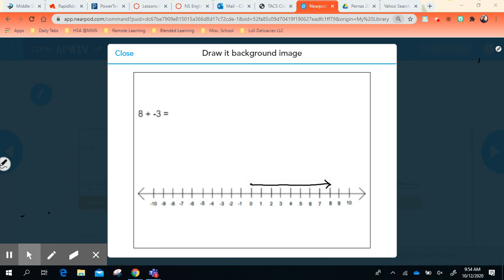Plus negative 3, so am I going to the left or am I going to continue to the right? To the left. So I go 1, 2, 3. And my answer is positive 5. You can do this, or you can just leave it as 5. Either one is fine, as long as I don't think you're saying negative.